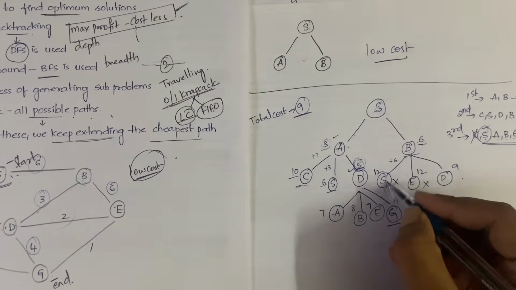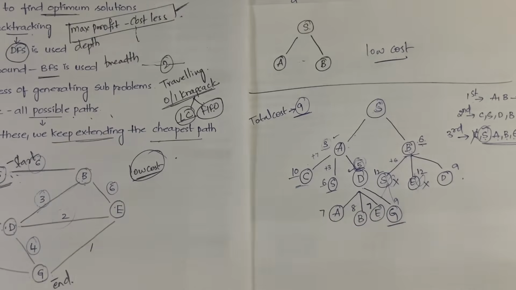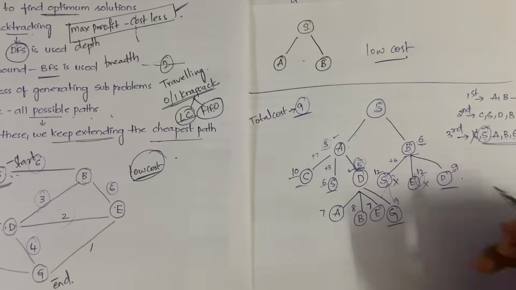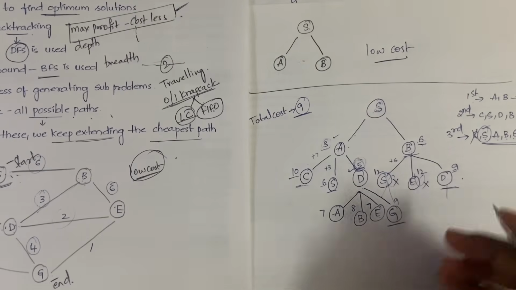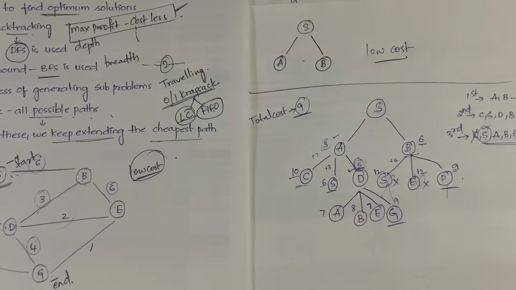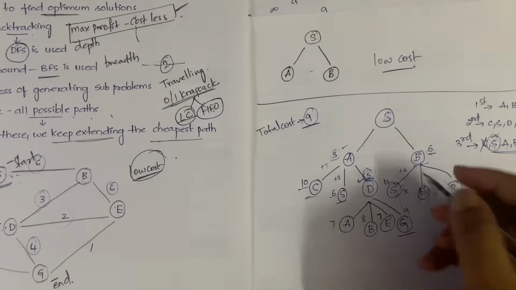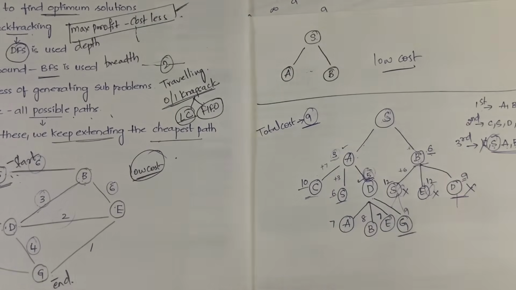So you can eliminate S and E. And D also you got as equal to 9. If you branch it further, you will get something greater than 9 only, obviously. So you can delete this D also. So this B path is deleted.